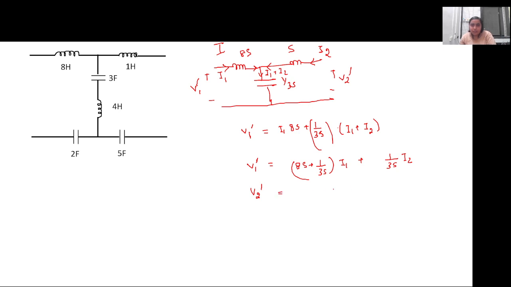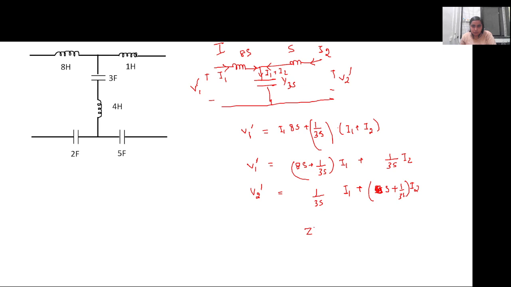What will be V2 dash? It will be in terms of I1 and I2. So we will consider this S and 1 by 3S. So for I2 it will be S plus 1 by 3S into I2, and for I1 it will be 1 by 3S.